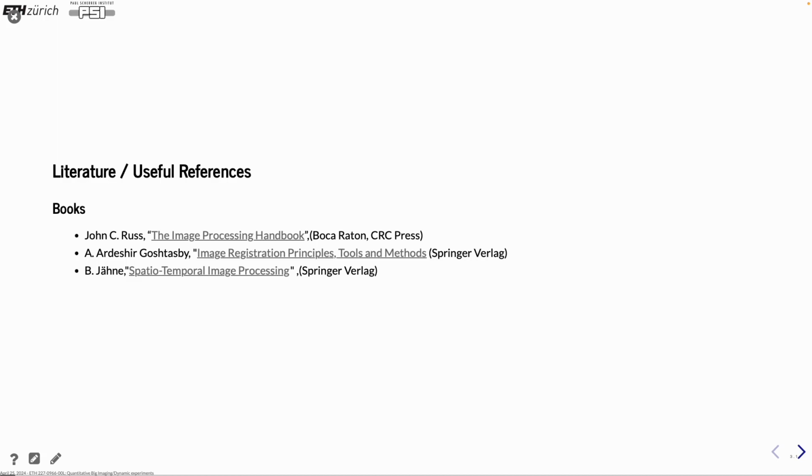Some books, we always come back to John Ross. Then there is a new one that would be interesting if you're going deeper into registration. That's a pretty good review over registration principles. And in the book by Bernd Jähne, Spatial Temporal Image Processing, you also can get some ideas how to work with the time series of images.